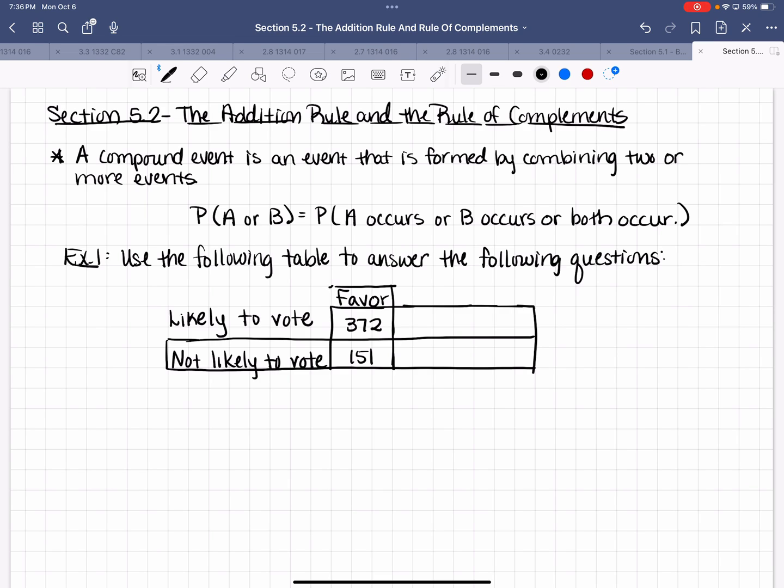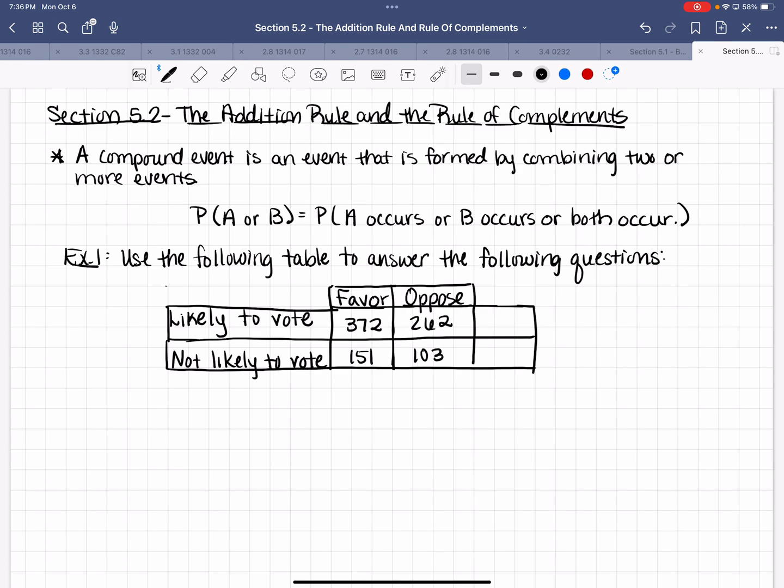Then we have those that oppose it. And there are 262 people that are likely to vote that oppose what's going to happen. And there are 103 people who oppose, but they're not likely to vote.